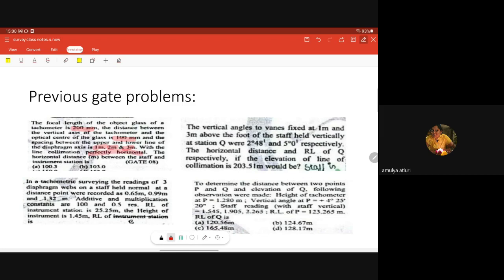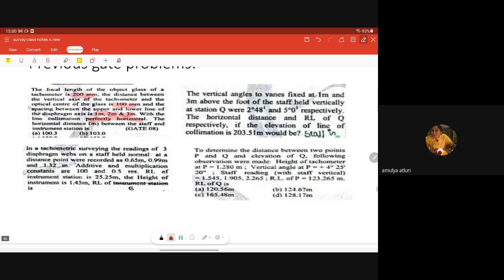Okay, the horizontal distance between the staff and the instrument. So this is perfectly horizontal, which means it is a fixed stadia method. So what is your formula to calculate the distance? Distance between 2 points is nothing but D is equal to Ks plus C, right?